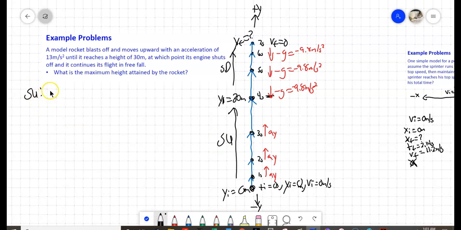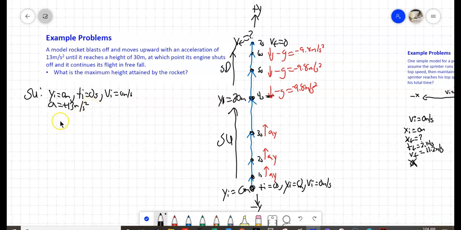Let's list out the variables that we have. It starts off at an initial position of 0 meters at time 0 with an initial velocity of 0 meters per second. We do know it's accelerating upwards at 13 meters per second squared.